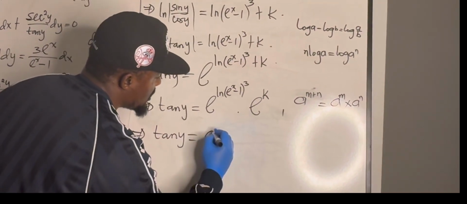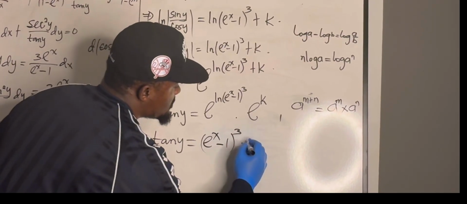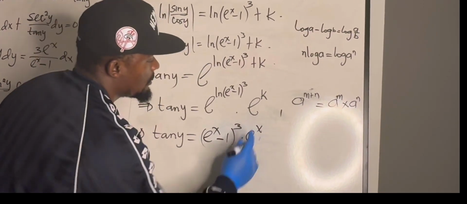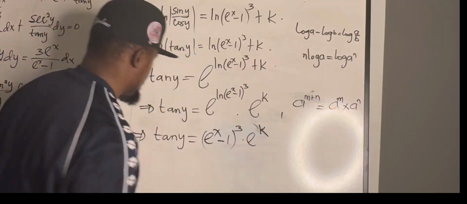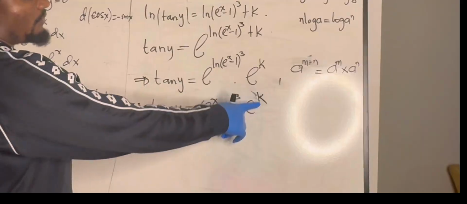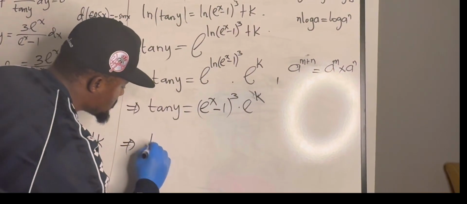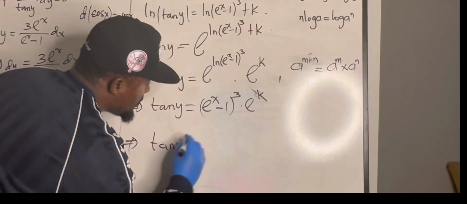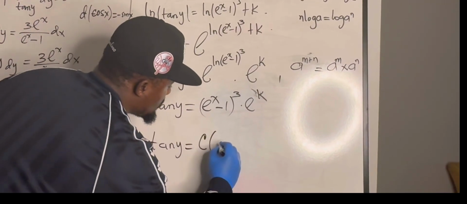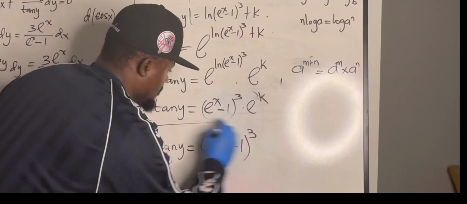So this becomes exponential of x minus 1 all to the power 3 times exponential of k. Again, exponential of k is just another constant c. So this means tan y equal c exponential of x minus 1 all to the power 3.